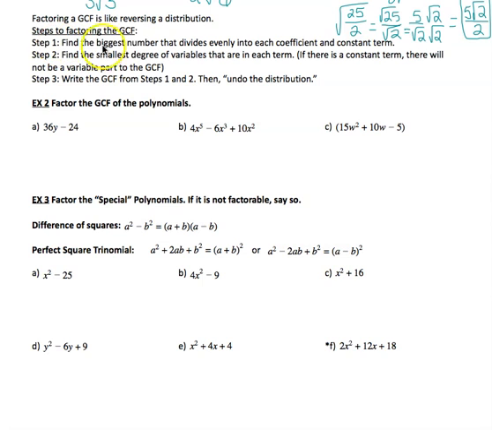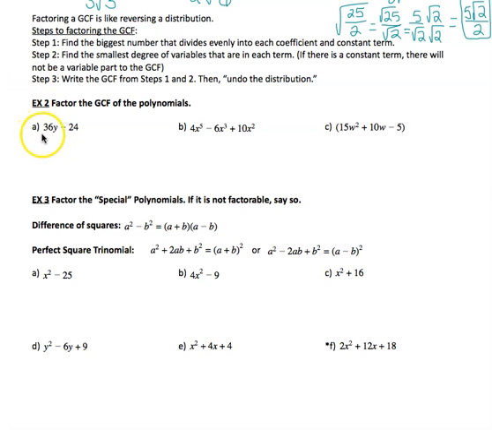So the first step is to find the biggest number that divides evenly into each coefficient and constant. So I'm going to look here at A and look at just the coefficient and the constant. So I'm looking at 36 and 24 and trying to decide the biggest number that divides all of them. So I look at 36 and I know for sure that it's divisible by 6, but is there something bigger?